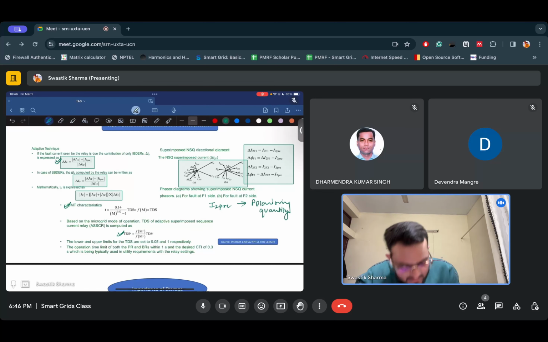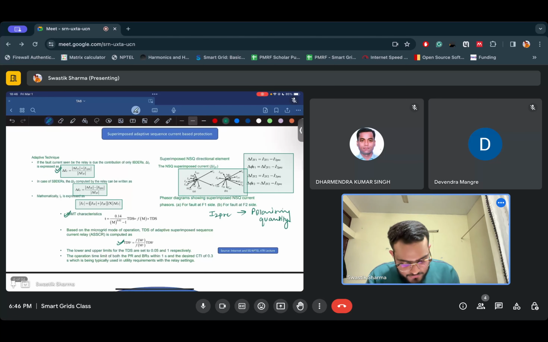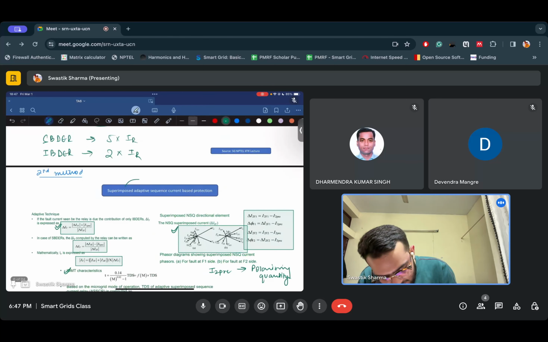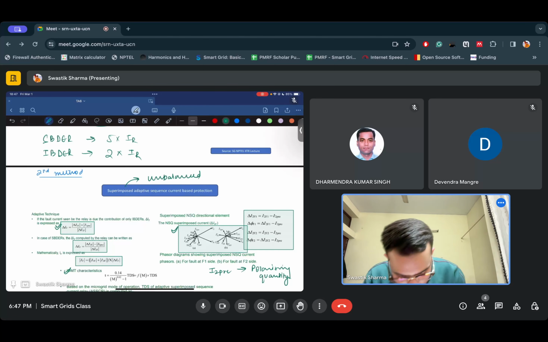So the polarizing quantity is that quantity based on which we tell what the direction of the fault would be. So you come up with the same thing just for the negative sequence current component instead of the positive sequence current component. And again, this technique is only applicable to unbalanced faults because the negative sequence current component won't be there for balanced faults.